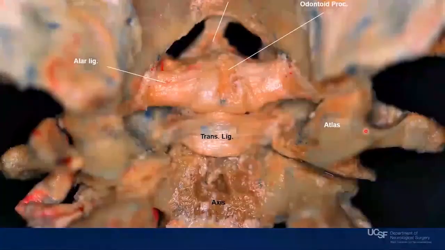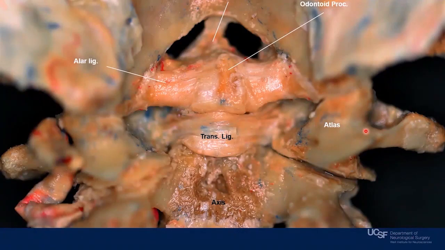This is a posterior view of a coronal cross-section of the craniocervical junction. What we're seeing right here is the anterior edge of the foramen magnum. After removing the superior longitudinal and inferior longitudinal bands, we can identify part of the cruciform ligament, which is composed of a transverse ligament. This transverse ligament goes from the colliculus atlantis to the contralateral colliculus atlantis, passing behind the odontoid process.